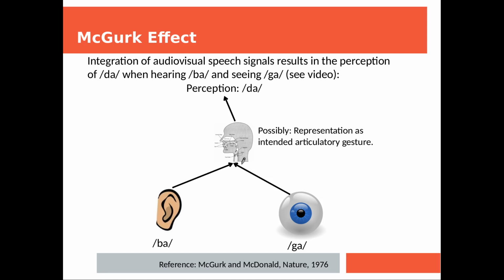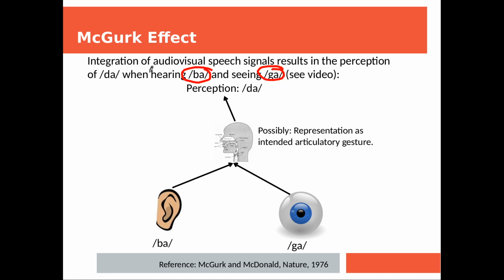Basically, there's a video, and the person in the video will say the sound ba, right? Actually, it's an artificially created video. The sound of that person saying ba at a different time is combined with the video of him saying ga with the sound removed.